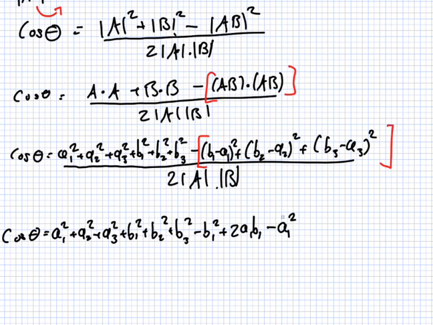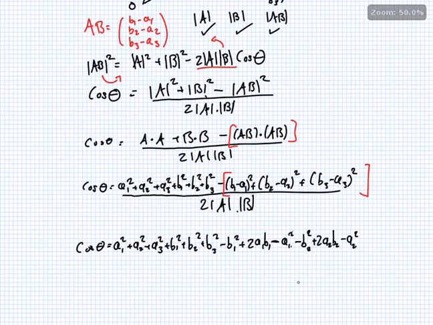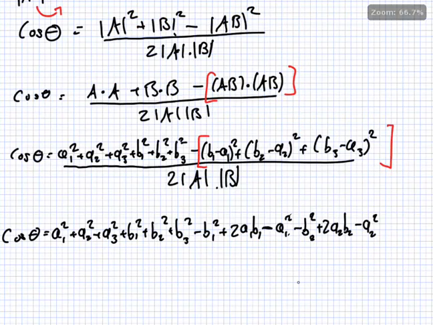Okay, so let me make a little bit more space. Minus A1 squared. Okay, now on to the next one. Minus B2 squared plus 2A2B2 minus A2 squared. If I zoom out again, can you still see? Okay. I'll just go on the next line.